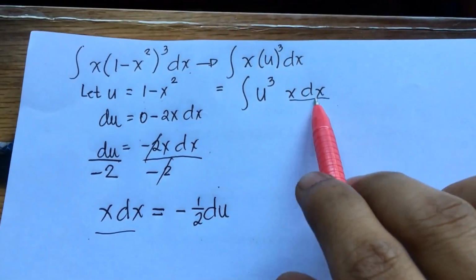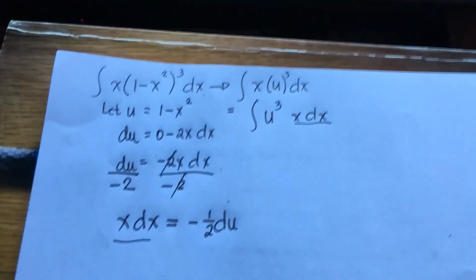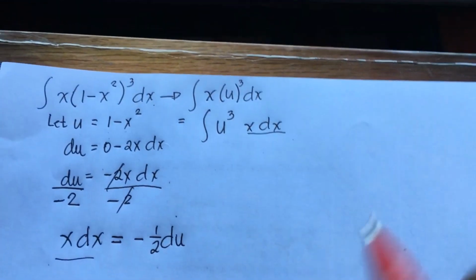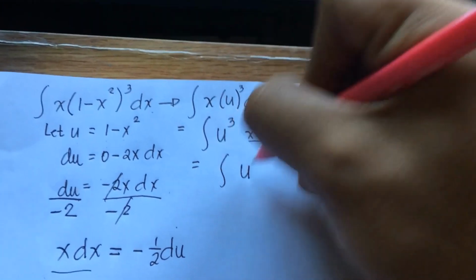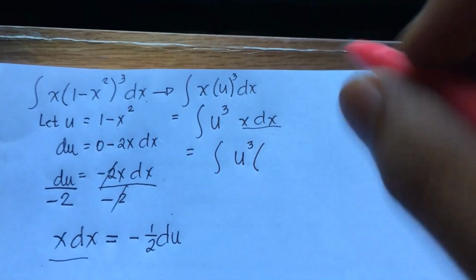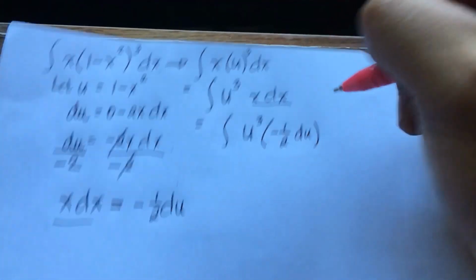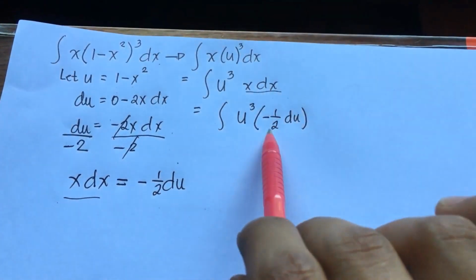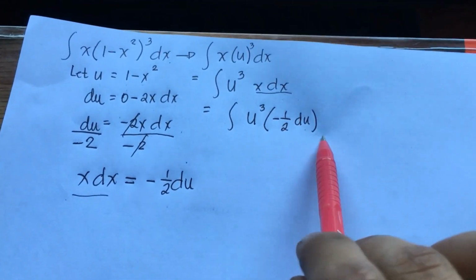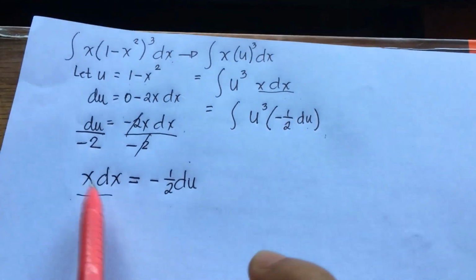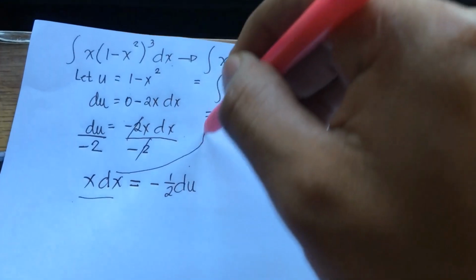So, itong x dx will be substituted into negative 1/2 du. So, magiging, ang x dx magiging negative 1/2 du. So, saan galing itong 1/2 du? Remember, negative 1/2 du galing siya sa x dx.